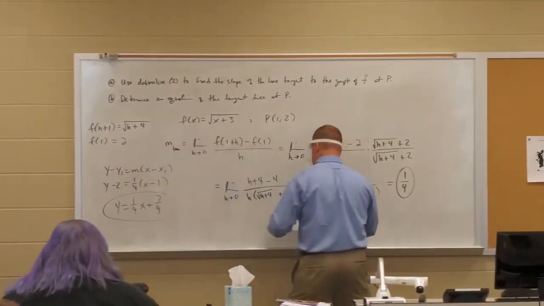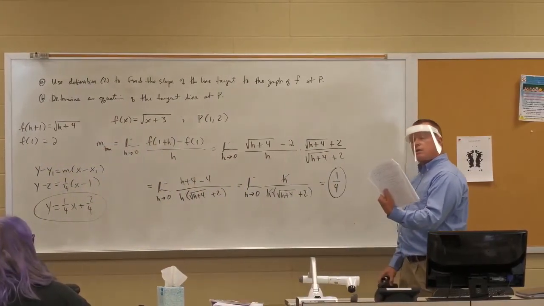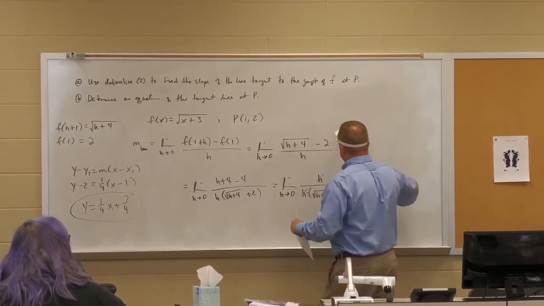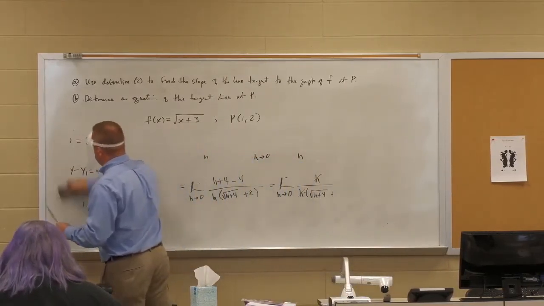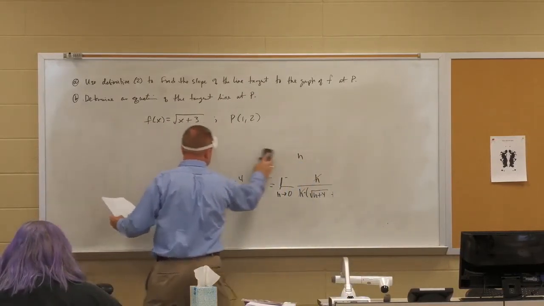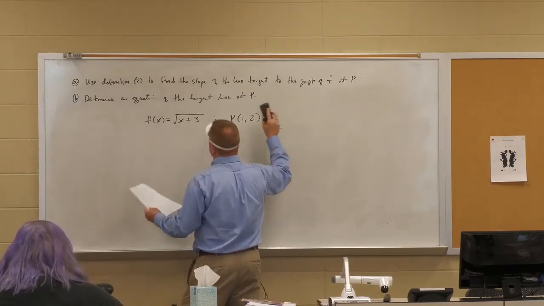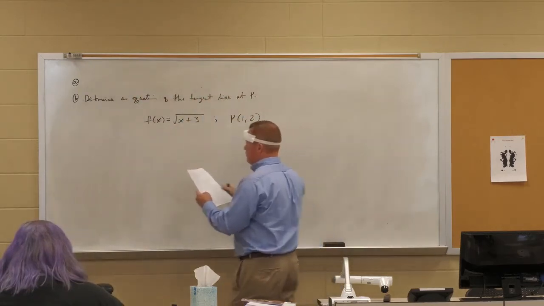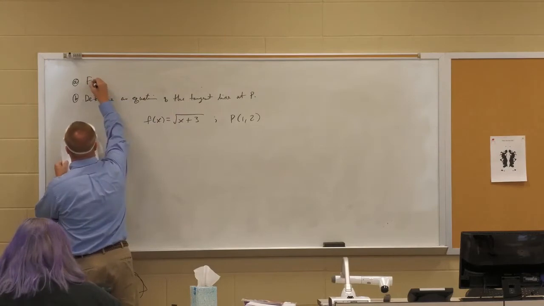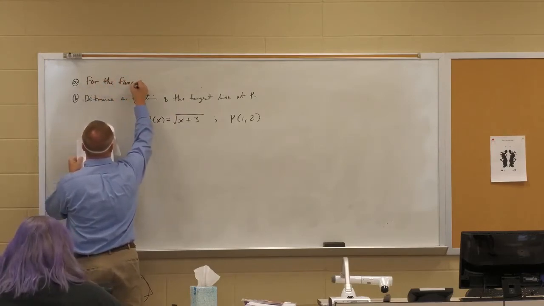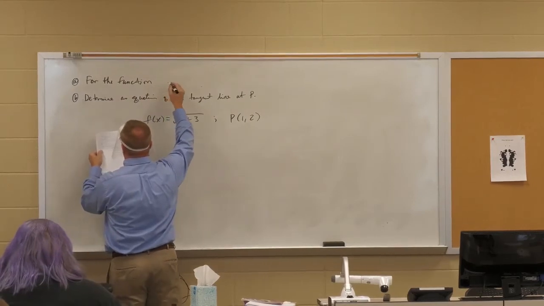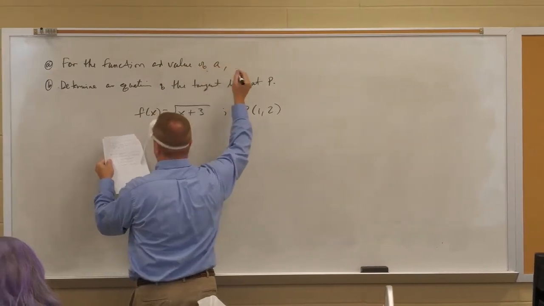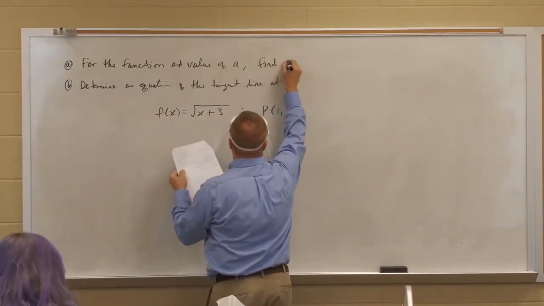So the only difference in these last 2 problems, we'll go ahead and do both of them, is the wording just a little bit and what they've given us. Okay, so here, they're just going to say, for the function and value of a, find this.